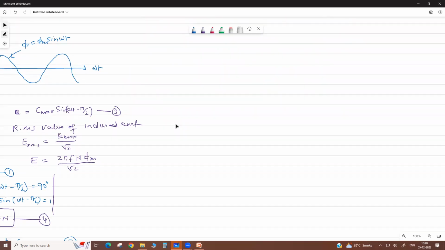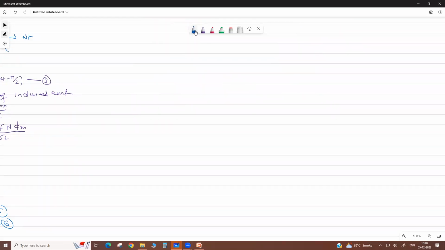Now we come to the transformation ratio, or turn ratio of the transformer.